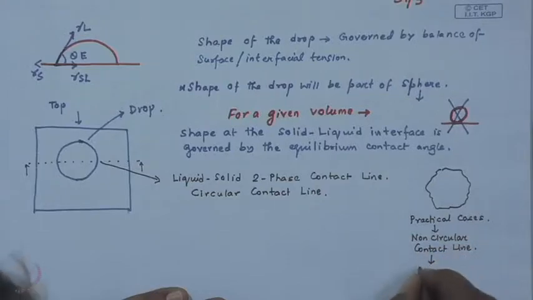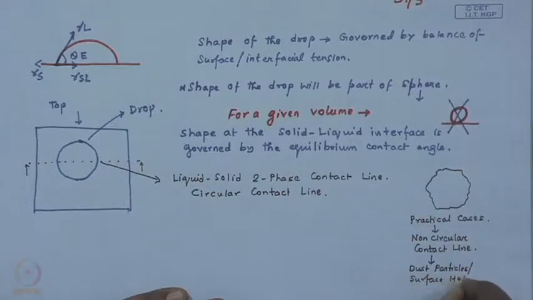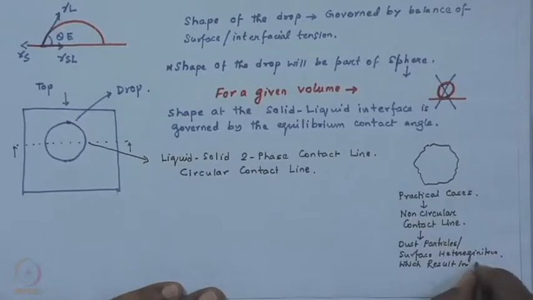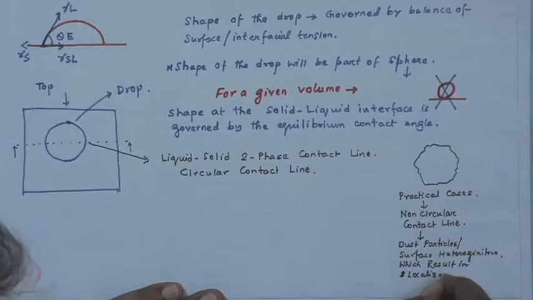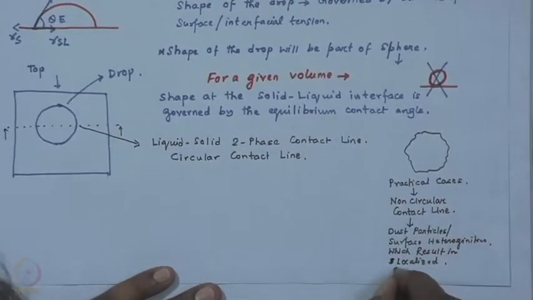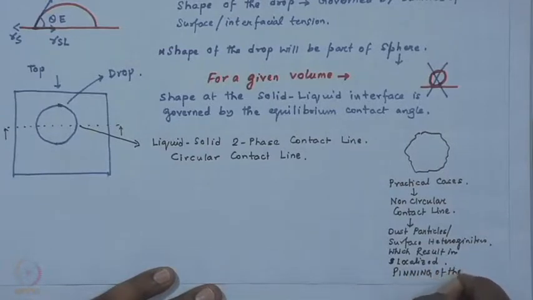This is attributed to dust particles or surface heterogeneities, which result in something called localized, this is an important word, pinning of the contact line.